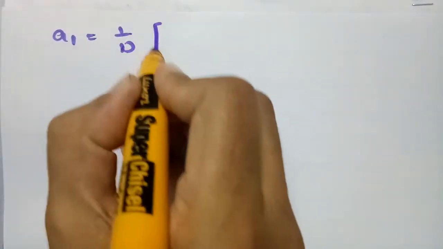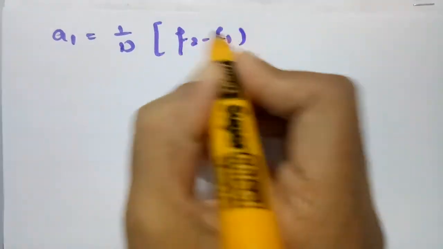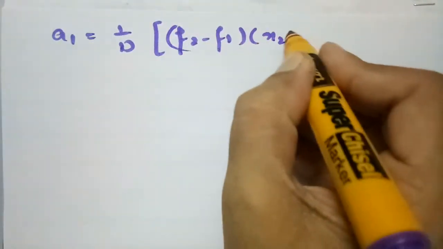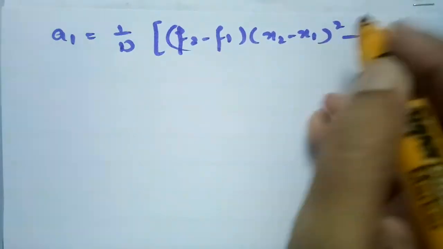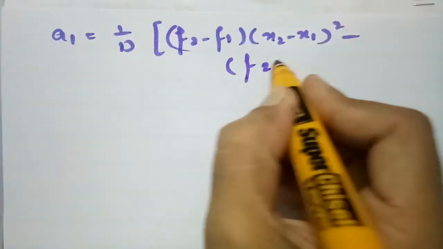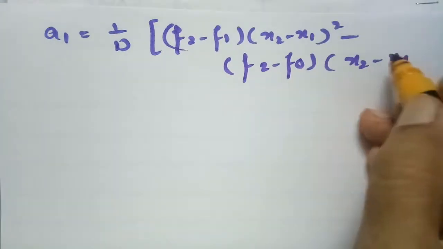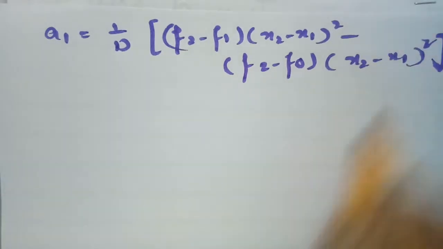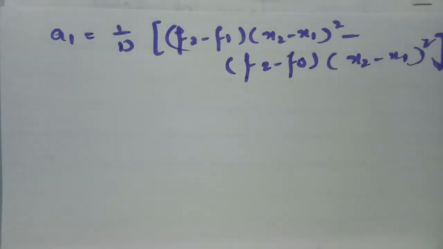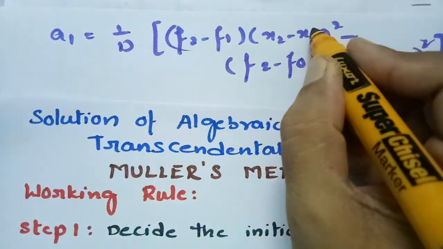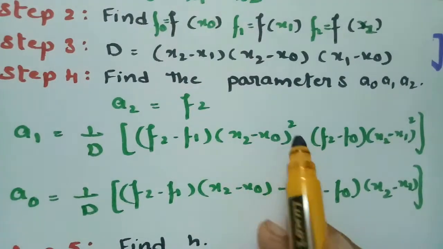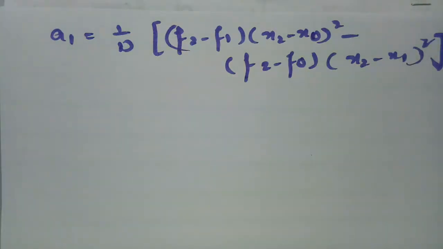A1 is equal to 1 by D times of (F2 minus F1) into (x2 minus x0) whole square, minus (F2 minus F0) into (x2 minus x1) whole square. Let me check in the working rule. Yes, A1 is equal to that. So all our values are ready here.